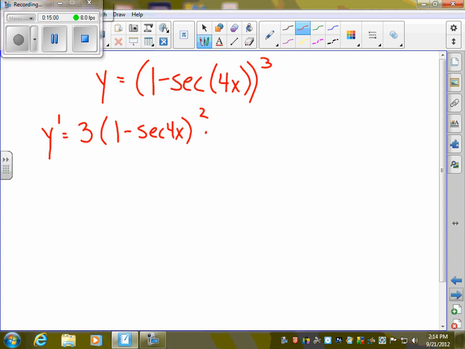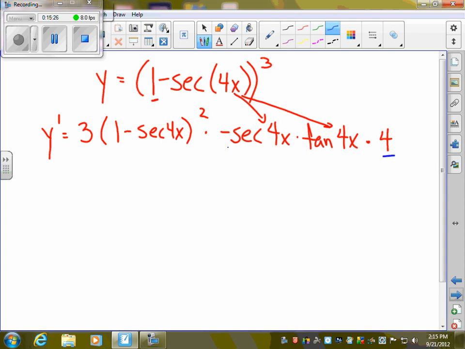The derivative of 1 is going to be 0. And the derivative of negative secant something is negative secant something tangent something. Secant 4x says 4x with the secant and the tangent, times the derivative of the 4x, which would be 4. Now again, just moving some stuff together, you've got a 4, a negative, and a 3 that can come out to the front.